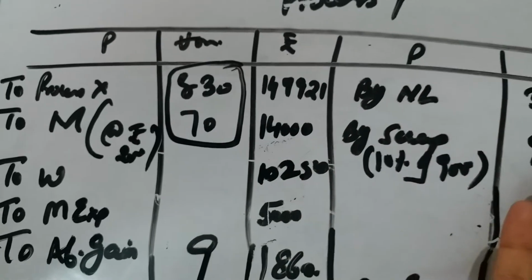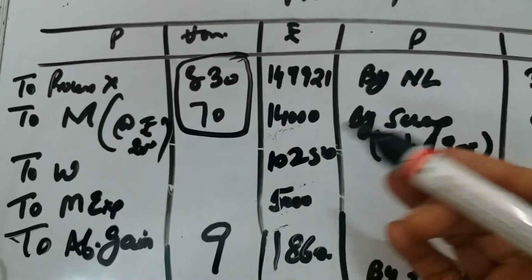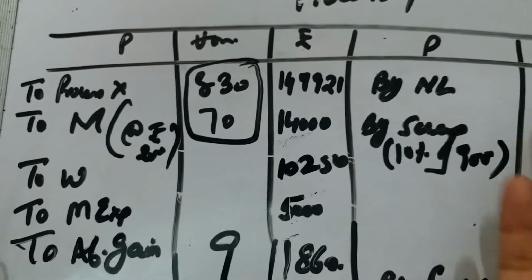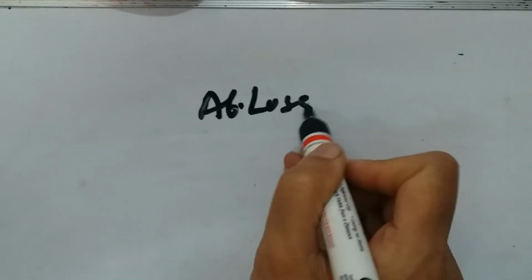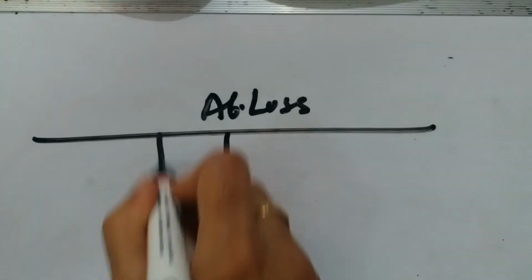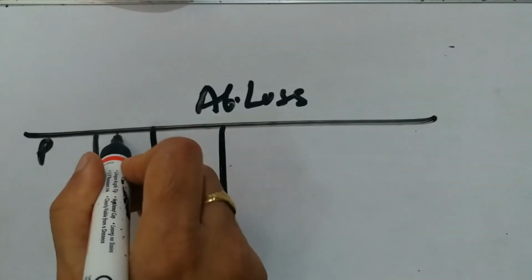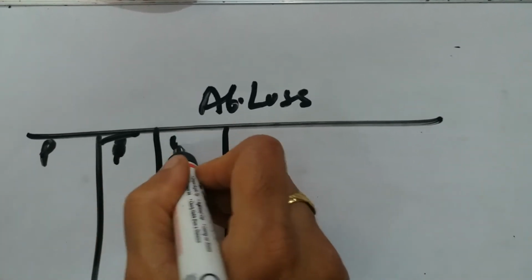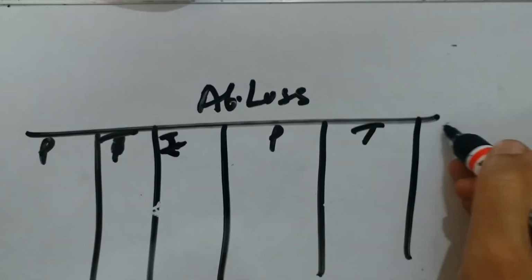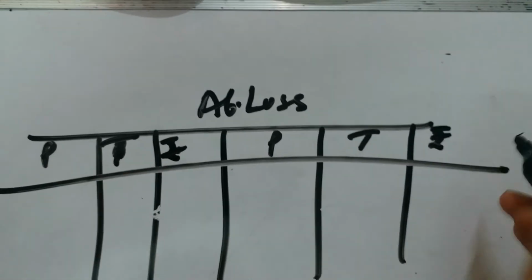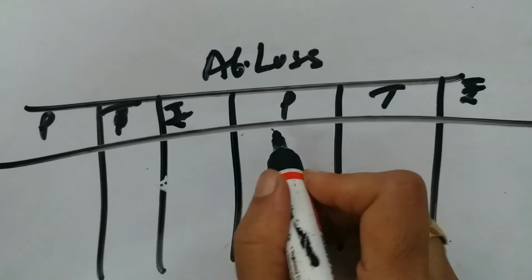by process Y. So remember, on the other side, let me show you those accounts also quickly. Firstly, the abnormal loss. There was abnormal loss only in one account, in which process?